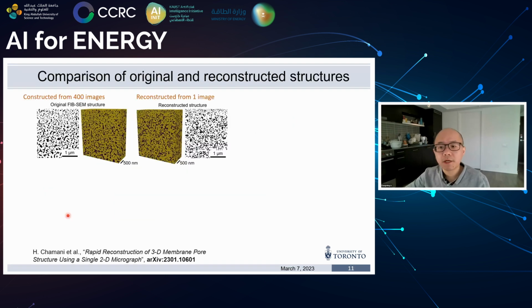So here is a comparison of the original membrane and a reconstructed structure. Clearly, the two structures are not completely identical, right? But they are actually statistically similar.